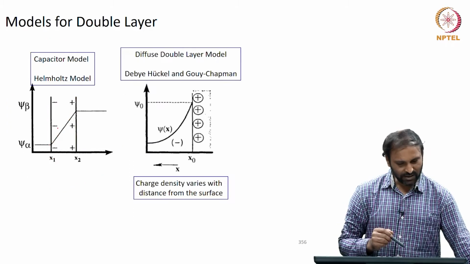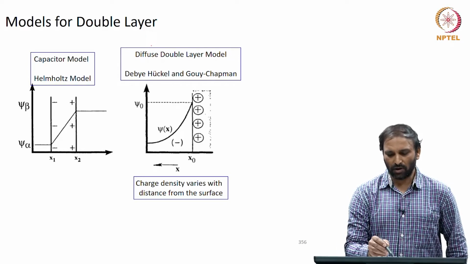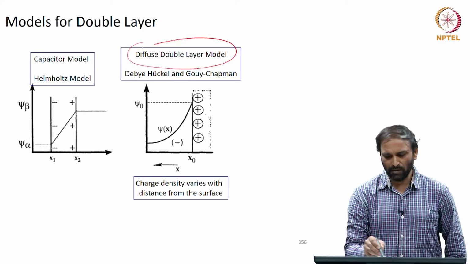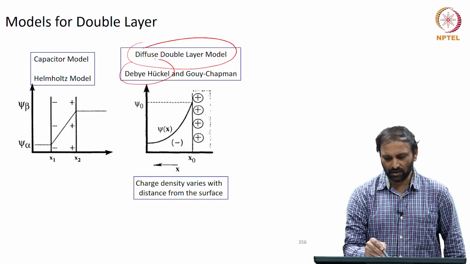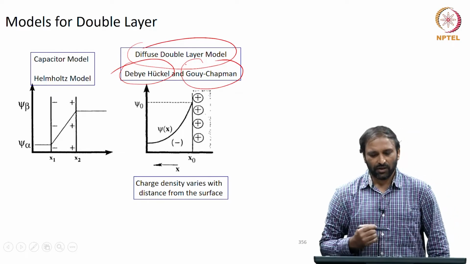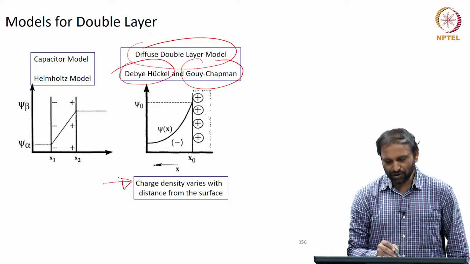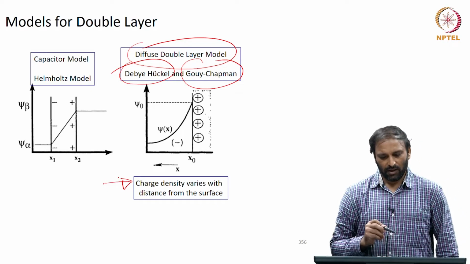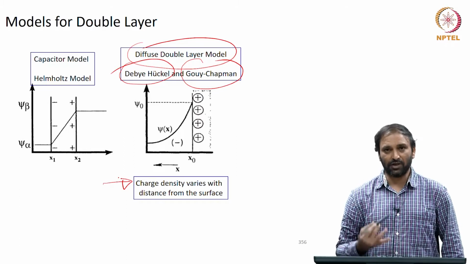And the next class of model that we looked at was the diffuse double layer model. In that we looked at the Debye-Huckel formulation and the Gouy-Chapman formulation, in which the correct picture of the distribution of charges in the solution is considered.